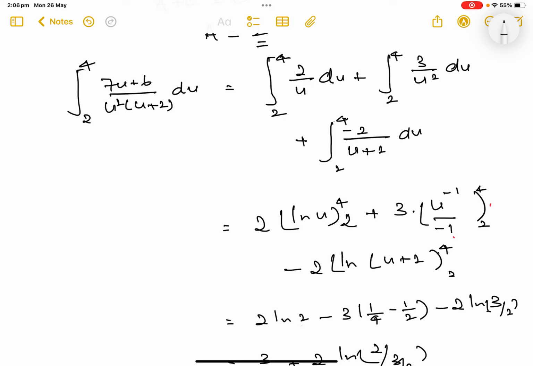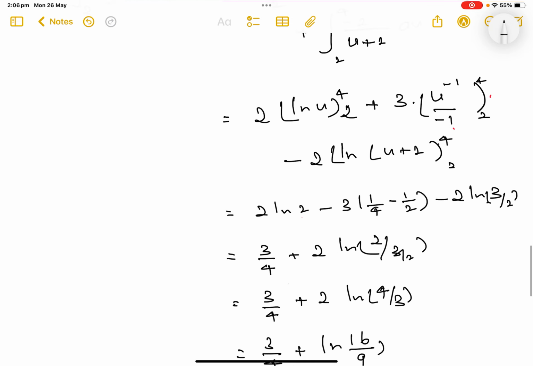So 2 ln u, the limits 4 and 2, plus the 3 constant; 1 over u squared becomes u to the power of minus 2 if you take the denominator to the top. So integrate that: u to the power minus 1 divided by minus 1. So 3 times u to the power minus 1 divided by minus 1, the limits 4, 2. And again, next one, minus 2 is constant, so minus 2 out, and ln (u + 2), limits.